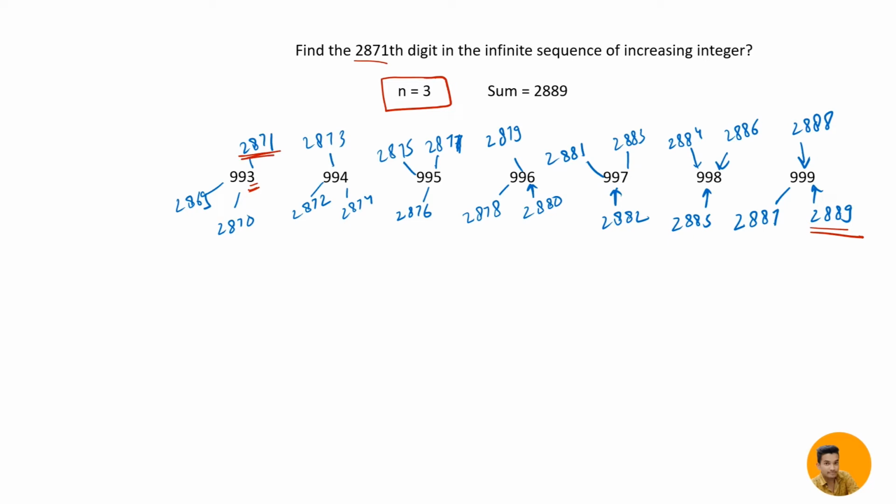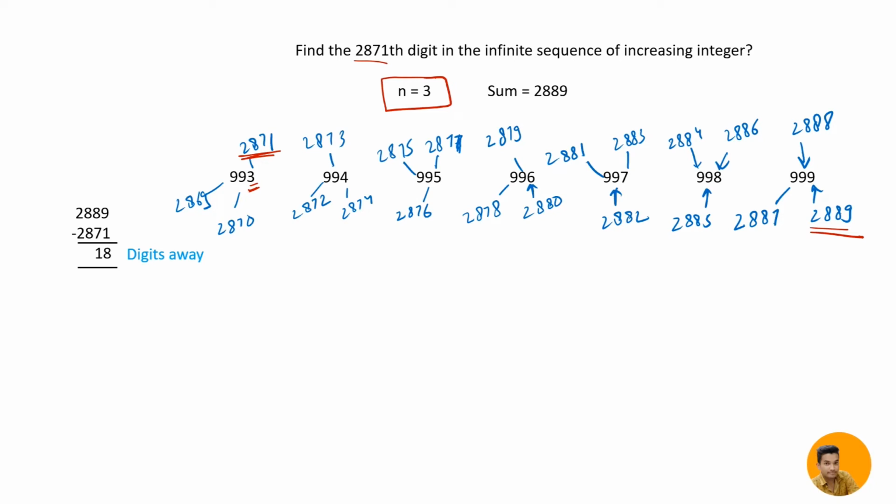So how far is it from 2889? We need to find the 2871st digit. How many digits away is it? If you simply subtract 2889 minus 2871, you get 18, and this is 18 digits away.